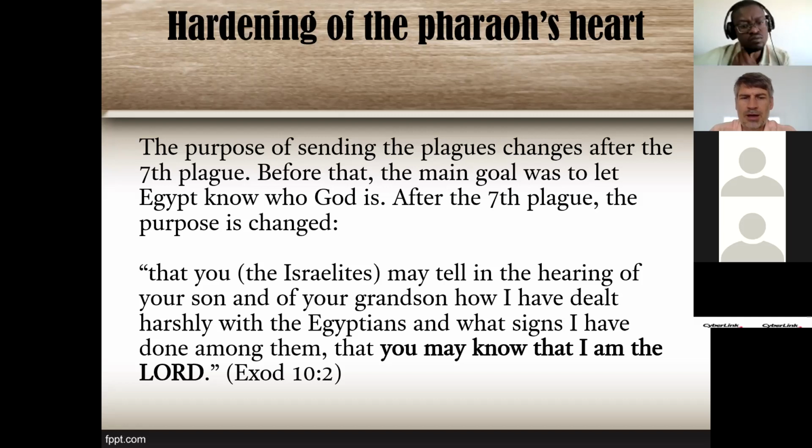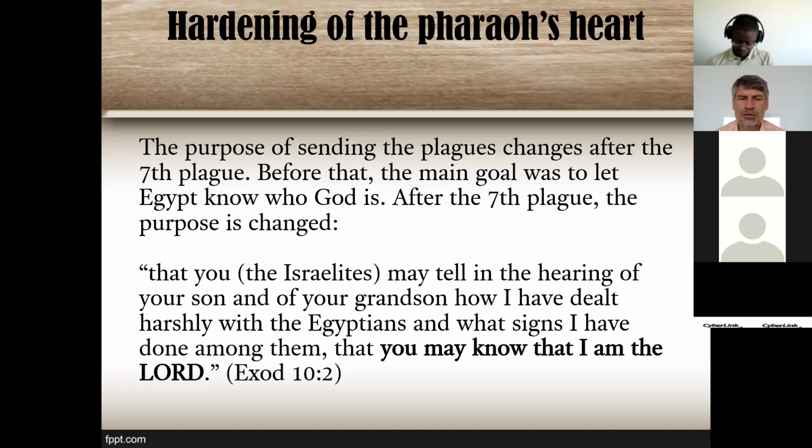So in this case, we can see that the people of Israel are very passive. And even after the 10 plagues, we can see that they still do not understand who God is, because when they stood at the shore of the Red Sea and the army of Pharaoh was pursuing them, they again blamed Moses for everything that he had done.